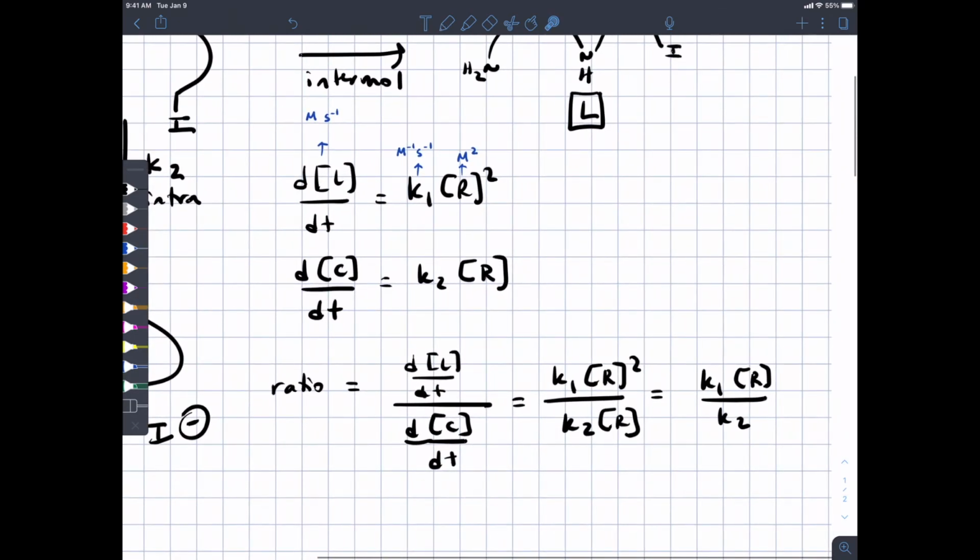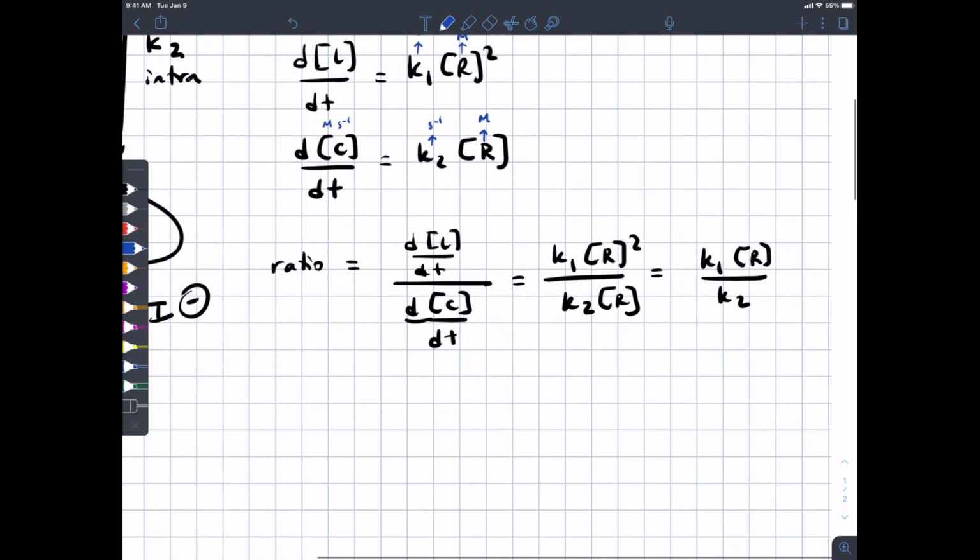In contrast, for the reaction that generates cyclic product C, the rate of appearance of C is again in units of molar per second. We have only one R concentration term, so we've got units of molar there. In order to get this right, all we need is for our rate constant to be in units of per second.